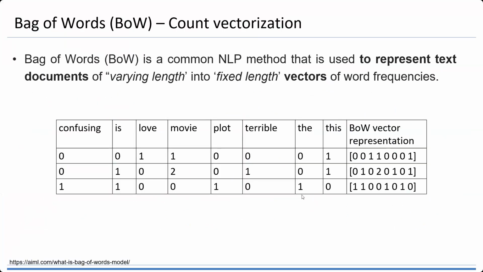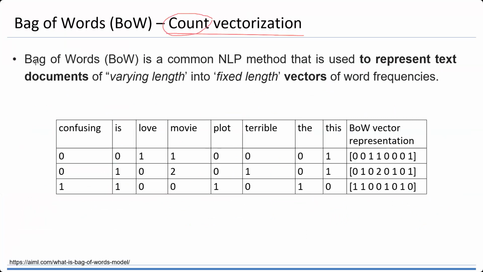So there is another kind of representation. We call it bag of words, and sometimes count vectorization. Count means we use the frequency.